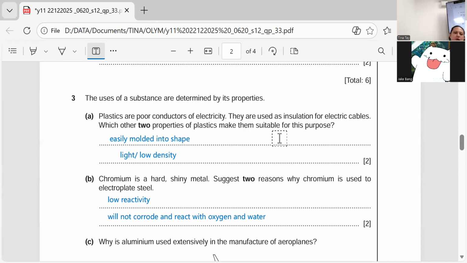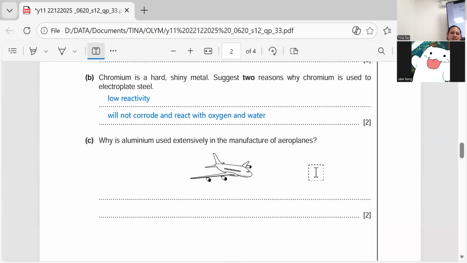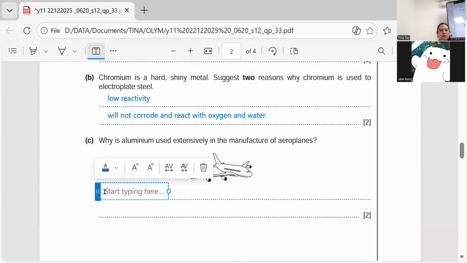Why is aluminium used extensively for the manufacture of aircraft? It has low density. And then what else? It can be made into a strong alloy.